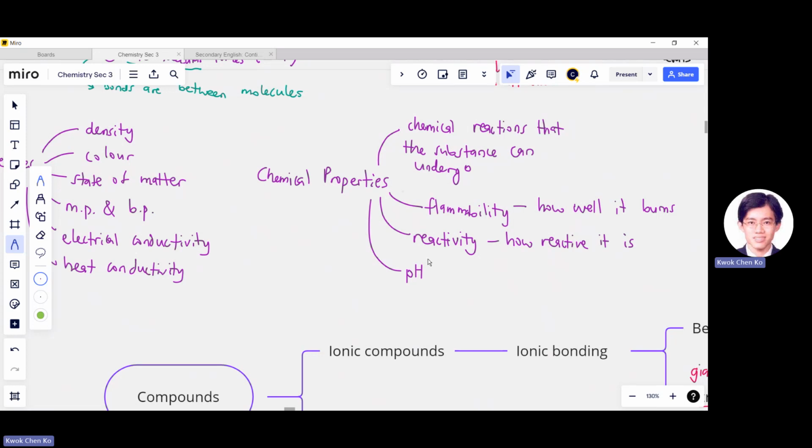Some people classified it as a physical property, but to me, I think it relates more to its chemical nature. But for pH, I want you to be aware it only applies to aqueous substances.